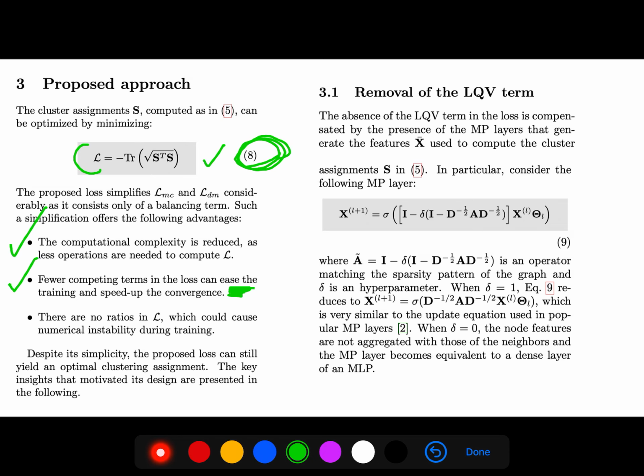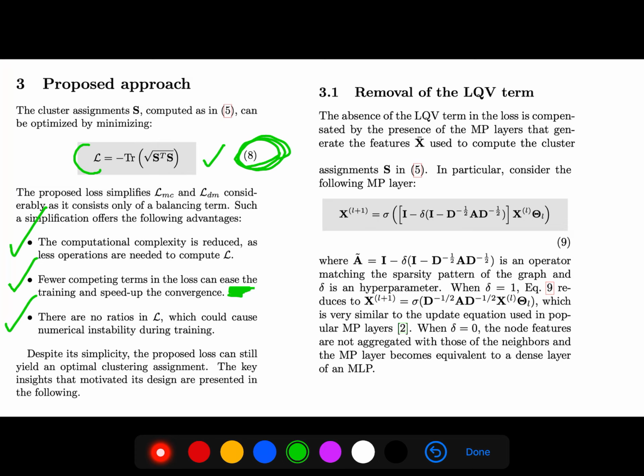So despite its simplicity, the proposed, of course the third one is very important. There are no ratios in L, which could cause numerical instability during training. So they understood their weakness, and now they covered it very quickly. Excellent paper.